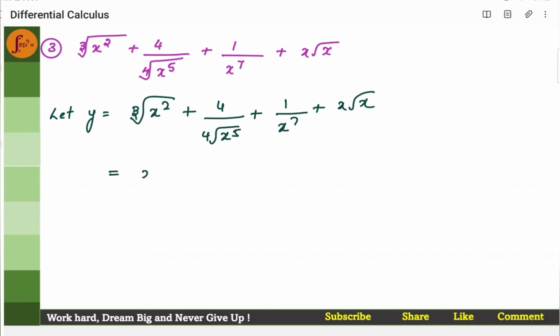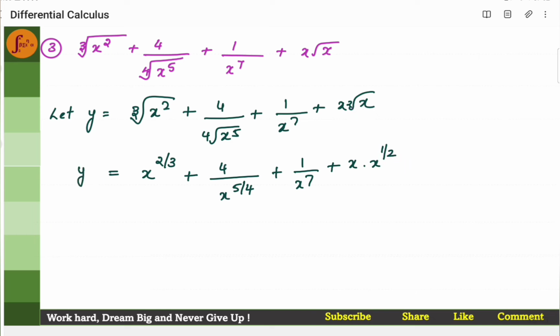Whenever you have something like this, you have 3 here, so you make it 1 by 3 in the power. Similarly, here we'll write this as x to the power 5. This is the 4th root, so make it by 4. And here this is 1 by x to the power 7. Again, we'll leave this like this. You can also write this as x to the power 1 by 2, because this is a square root. Square root is 2, so 1 by 2.